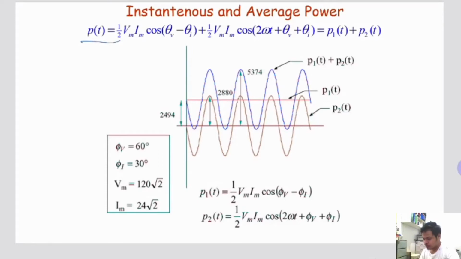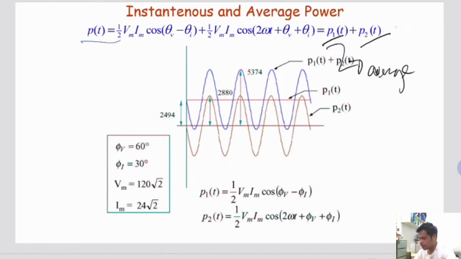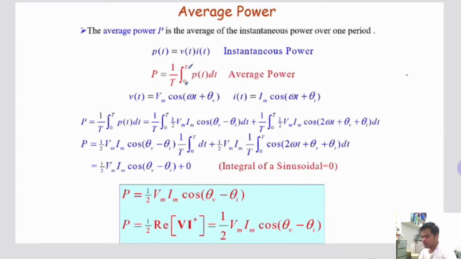Here we have the sum of instantaneous power, which is your P1 and P2, where P1 is your average power and P2 is your sinusoidal power. In average power, we can actually derive it.